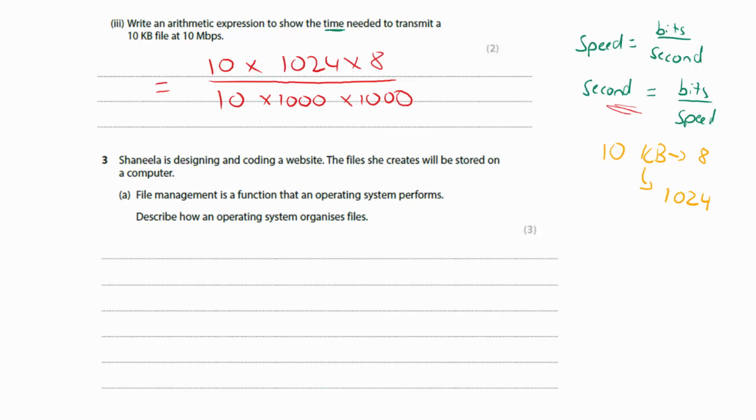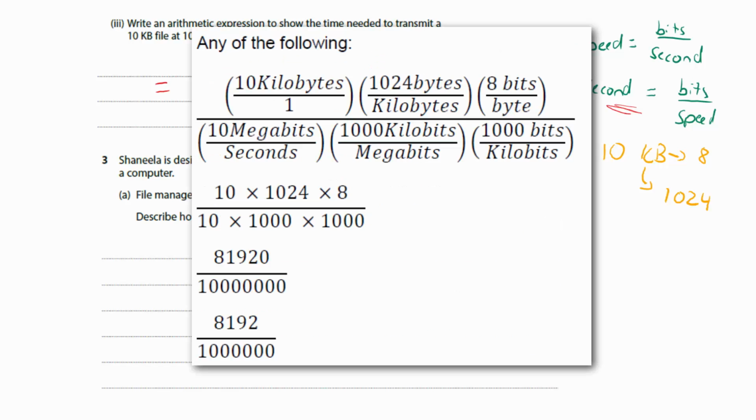There are other answers, shown on the mark scheme, that I'll put up on screen now, but this is how I'd personally approach it. Again, it's not really standardized, but when you're dealing with file sizes, it's usually 1024, not always, but with speeds, it tends to be 1,000. That's just how it is, unfortunately.